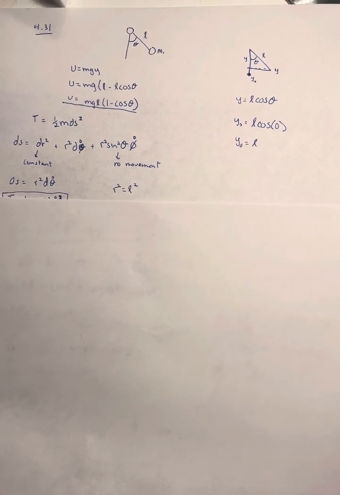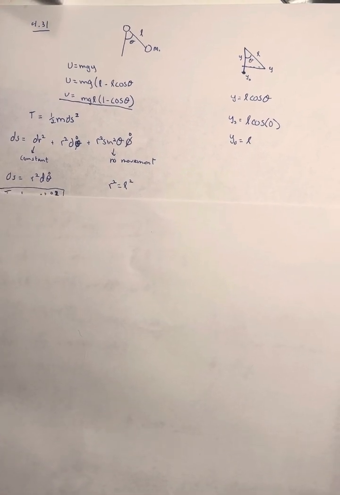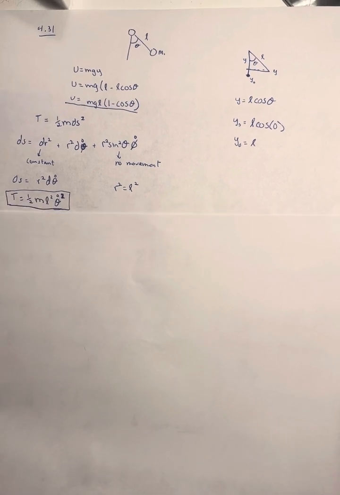And then for the kinetic energy, it is 1/2 m ds squared, where ds squared is equal to dr squared plus r squared theta dot squared plus r squared sine squared theta phi dot squared. Because for phi dot there's no movement and the radius is a constant, ds squared turns into r squared theta dot squared, where r squared is equal to L squared.